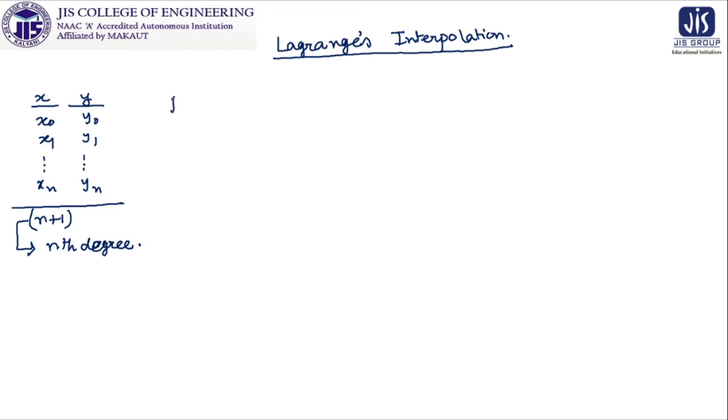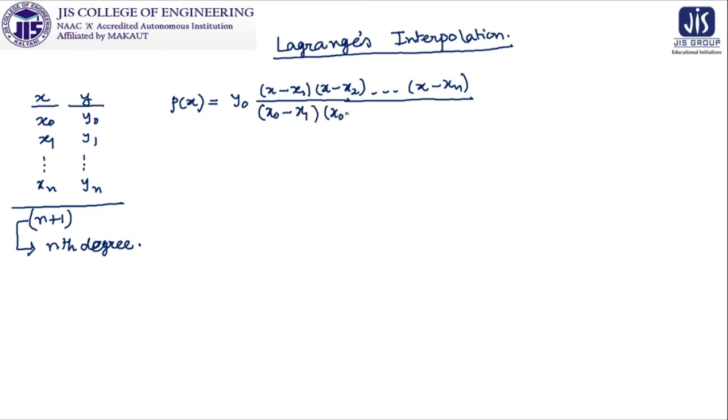And what is this polynomial? I am now going to write it down. P(x) is y0 times (x minus x1)(x minus x2) dot dot dot (x minus xn) divided by (x0 minus x1)(x0 minus x2) dot dot dot (x0 minus xn).